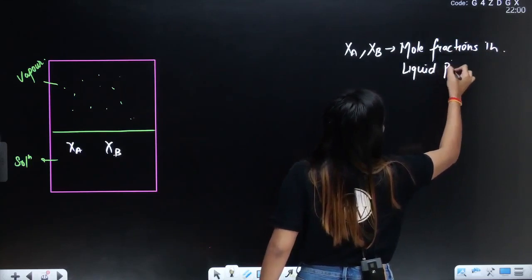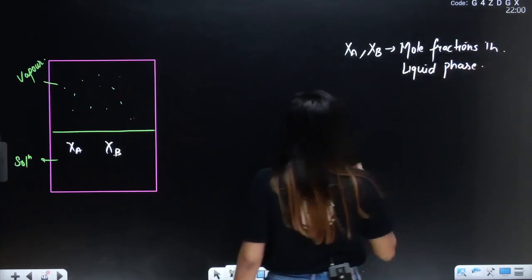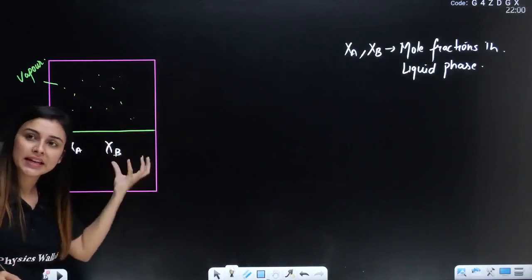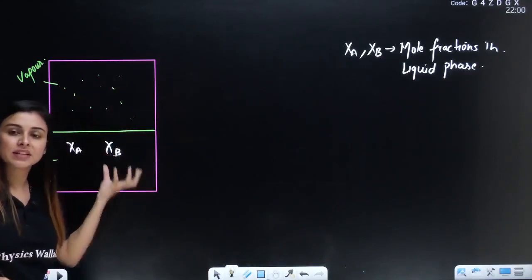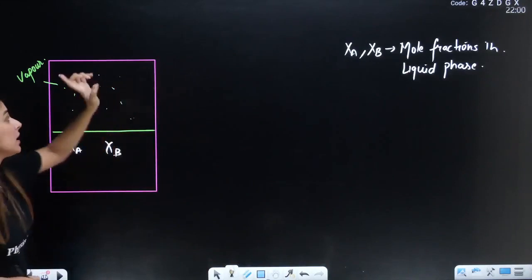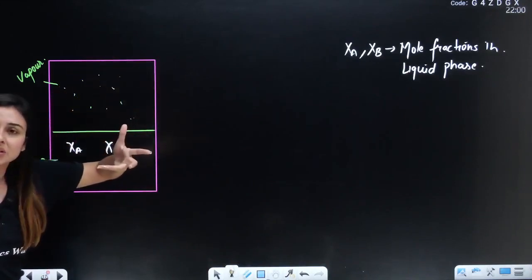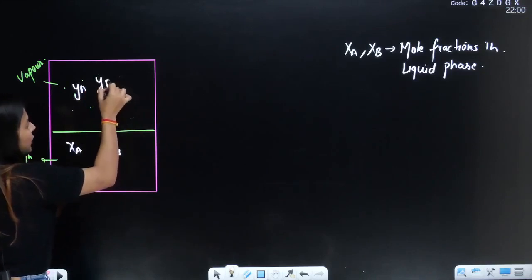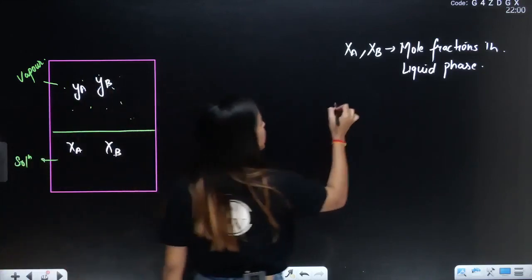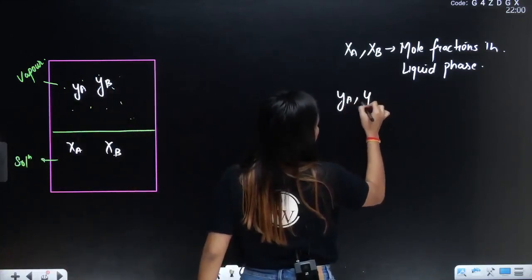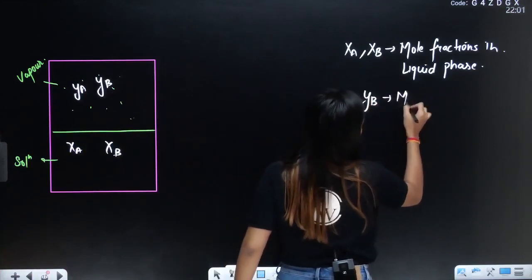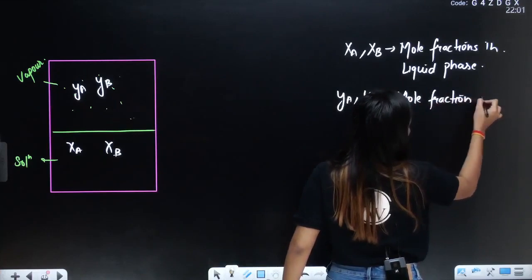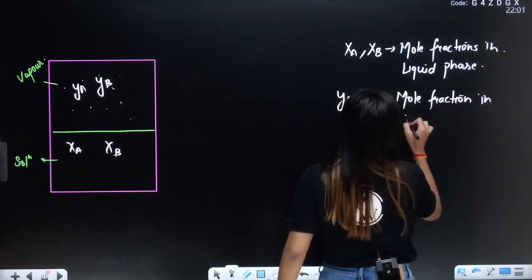Now, this is the vapor. These component A and B which were in the liquid phase might have formed some vapors. In the vapor also, they will have some fraction, let us say YA and YB. So YA and YB are the mole fractions in vapor phase.